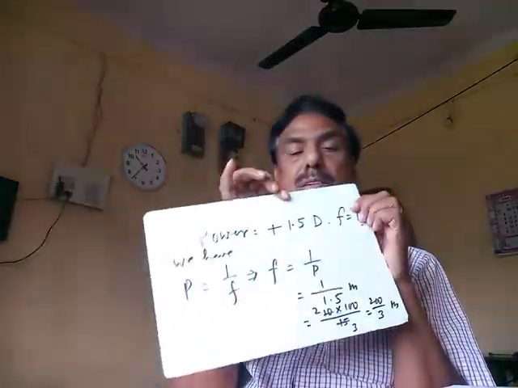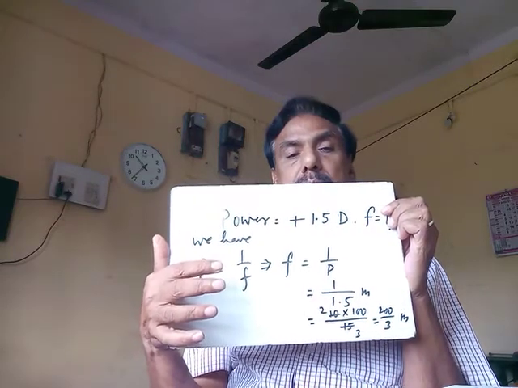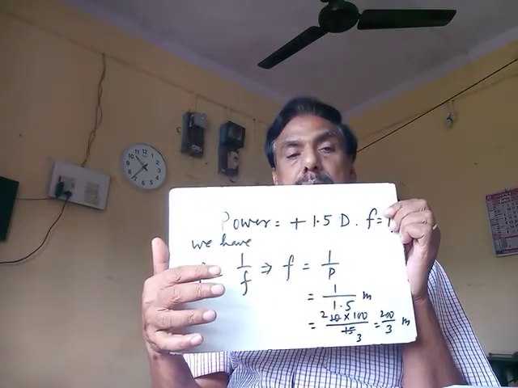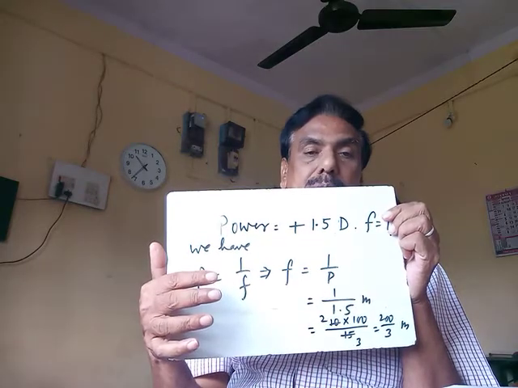And how to find the focal length? Using the power formula, P is equal to 1 by F, so F is equal to 1 by P, and P is given as 1.5 diopter.